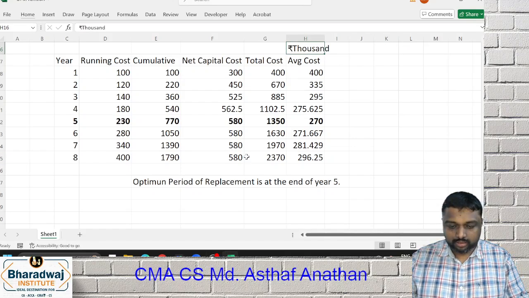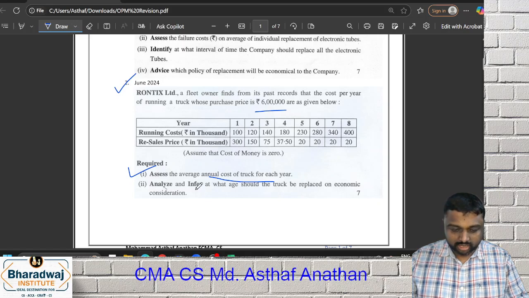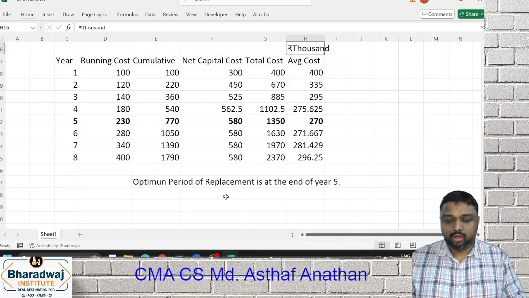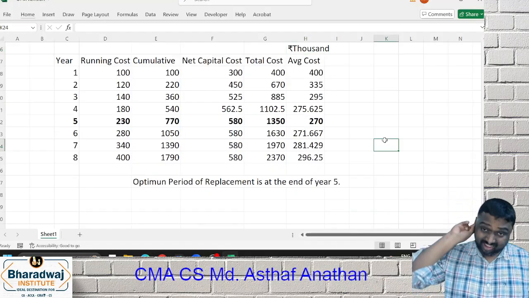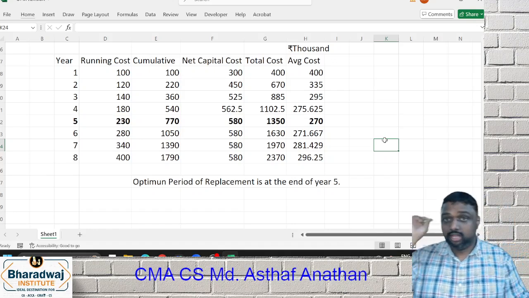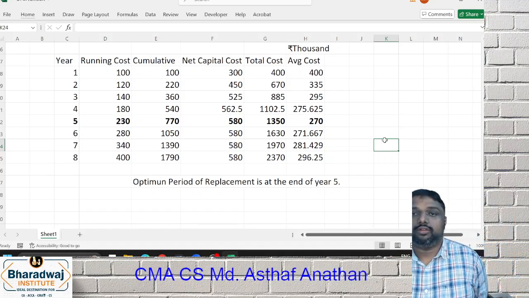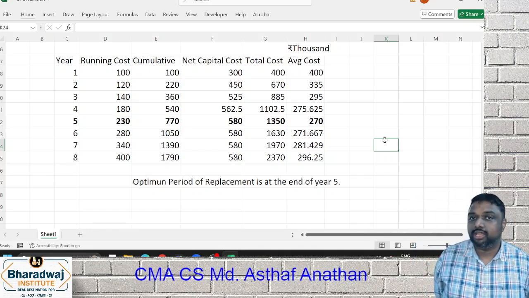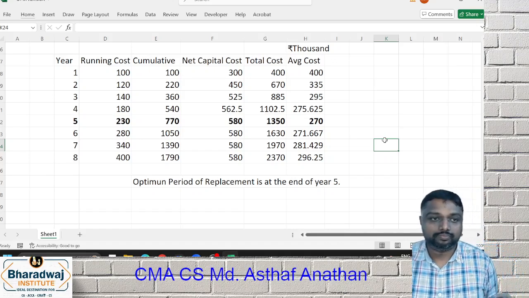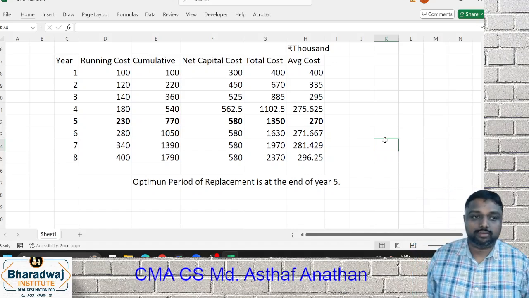They were asking what is the average cost for each year, and at what age the cost should be lowest. Everything is correct. If they are asking for the lowest cost, you can mention 2,70,000 or 270. Okay. Now, with your permission, we'll proceed to the next question.